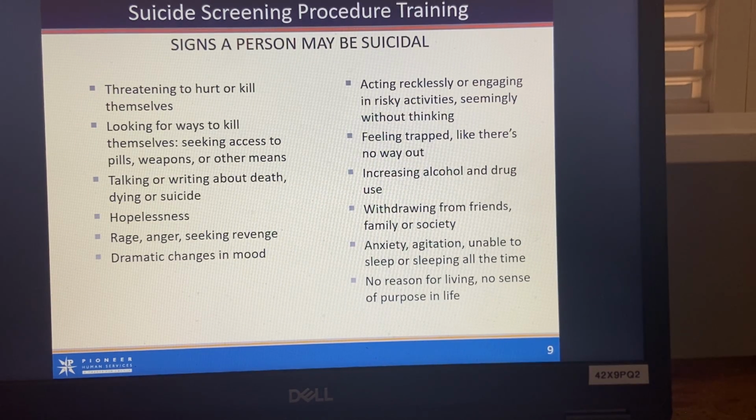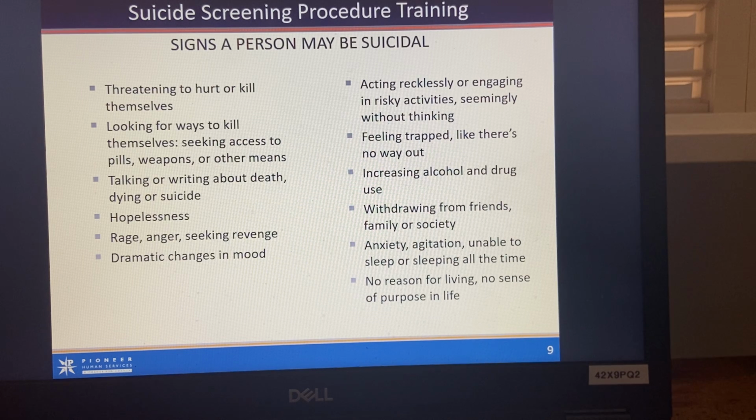Here are some signs that we can all look out for to determine whether or not an individual may be suicidal. These signs are often also closely related to symptoms that a person might be experiencing associated with mental illness or substance use.